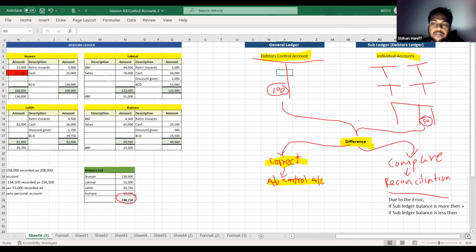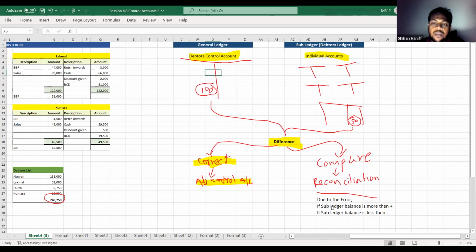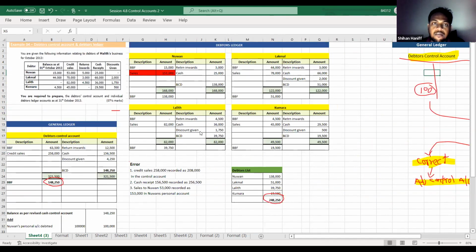Due to the error, if the sub-ledger balance is more, then you add. Now see what happened: sales 100,000 recorded as 100, sales 53,000 recorded as 153. Due to this error, the debtors list balance is more, so you add.